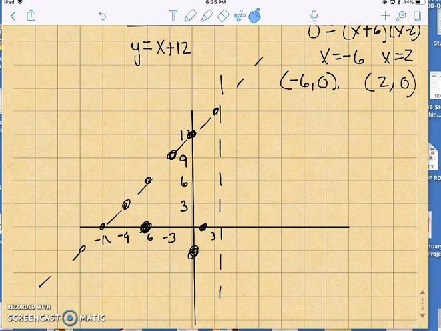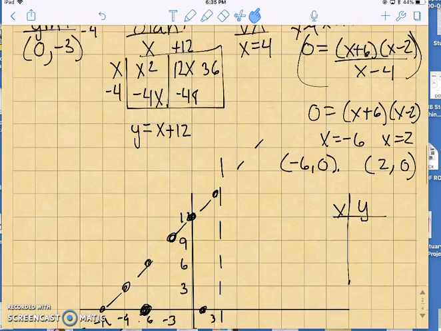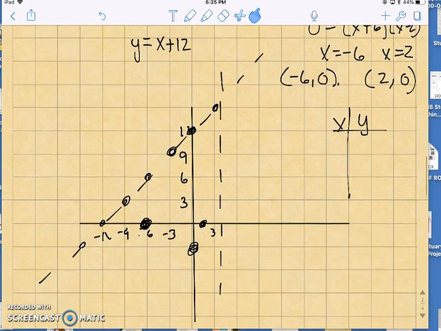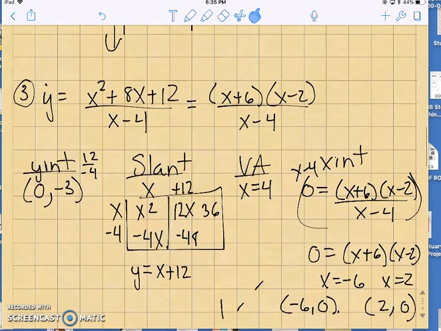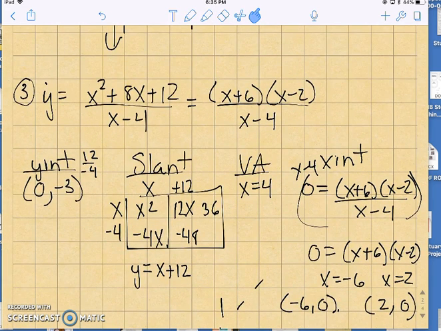So let's see if we can come up with another point for this one. So let's see, an XY table. What if we plugged in 2 for x? Let's see what comes out. Let's get another point on here. So 2 squared is 4. So that would be 4 plus 16 plus 12.